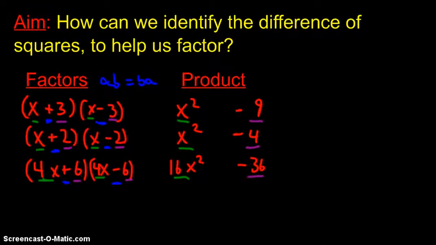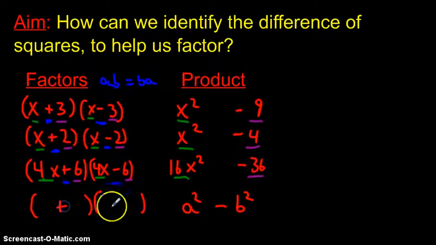Alright, so the general rule that we can see here is that given some square term, some number that has a square, minus another number that has a square, the difference of squares, their factors will be plus and minus, or the sum and the difference of their square roots.